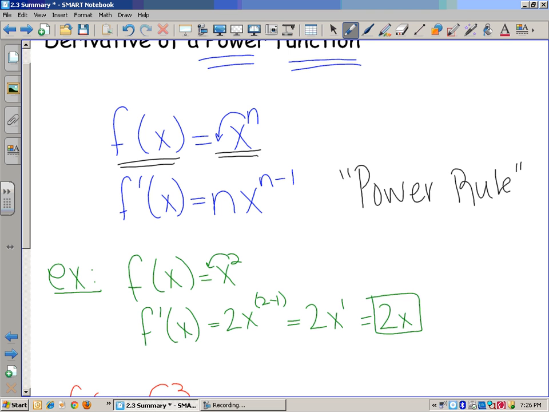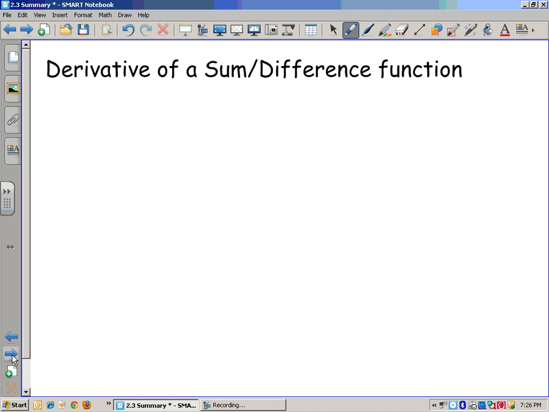Now what I want to do is take the idea of the constant together with power rule, and we're going to use sum and difference functions. So we're only going to kick it up a notch here, okay? We're just going to kick it up 1 notch, and we're going to say, hey, what if you had this function?